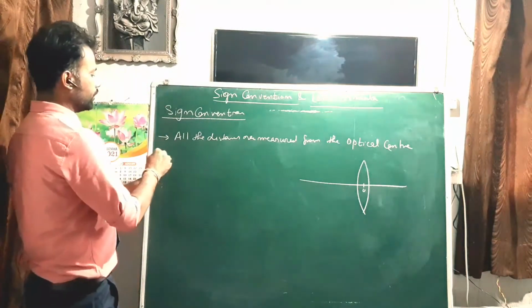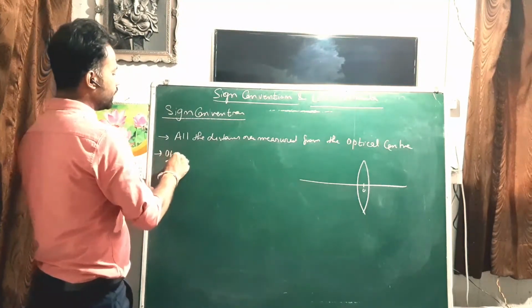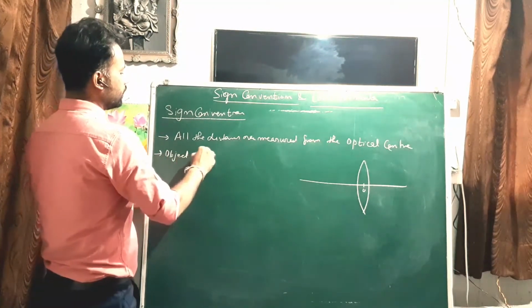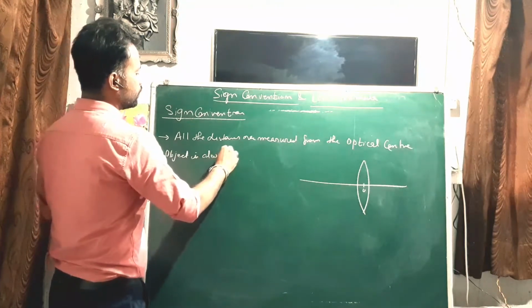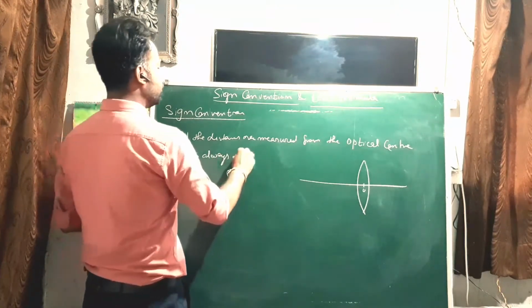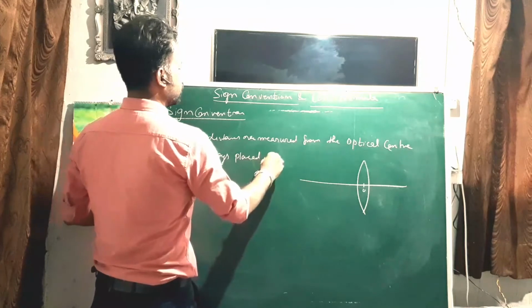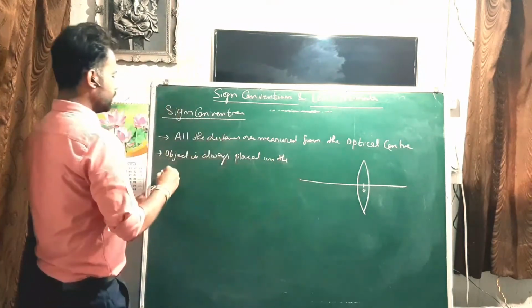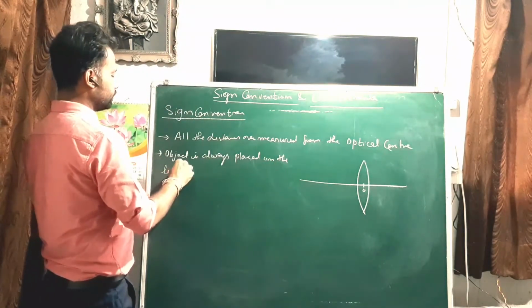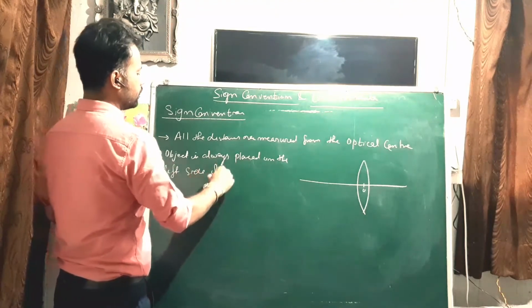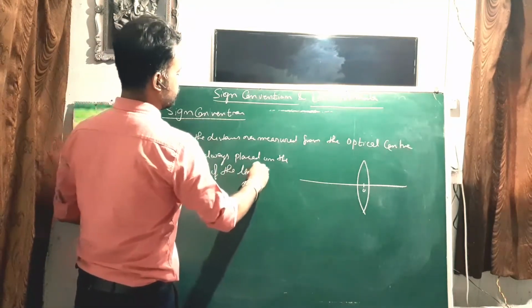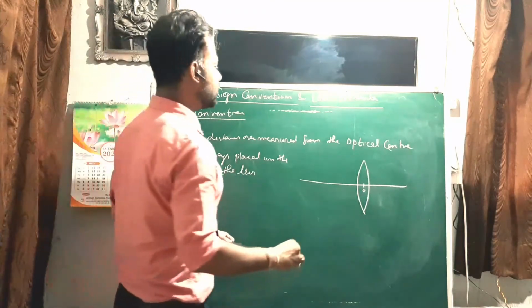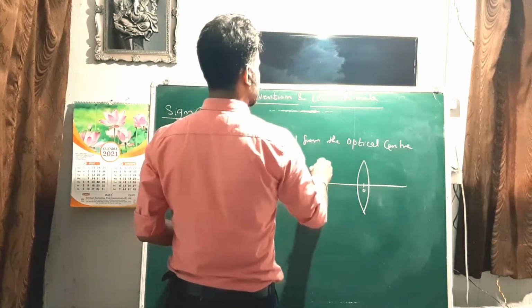Third assumption: the object is always placed on the left side of the lens. That means the object is always somewhere here.